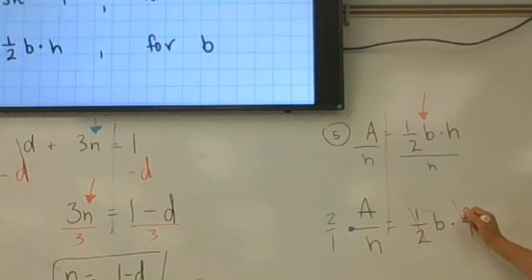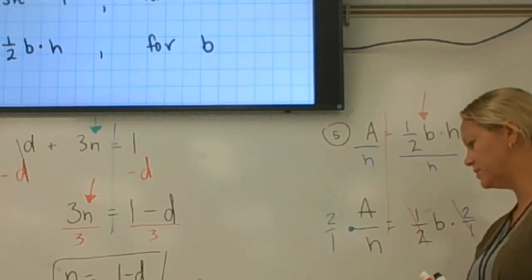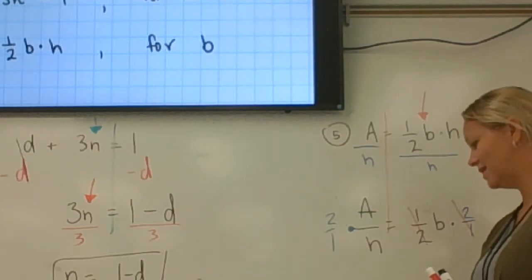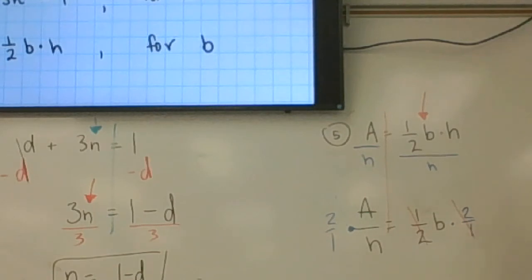So that gets rid of this fraction. 2/1 times A/h could just be, could write it like that. Or like that. Or the whole thing over h. All of those are correct.